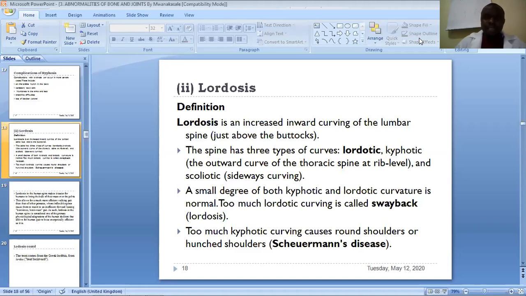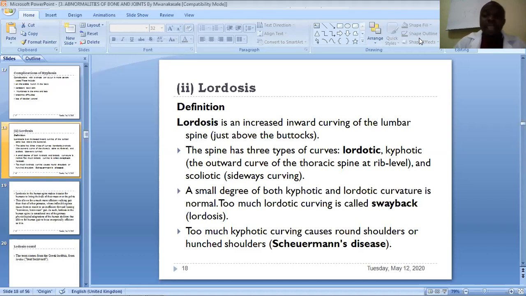Now, some few objectives under this topic are that the general objective states that student nurses should be able to acquire knowledge about lordosis and how to manage it.